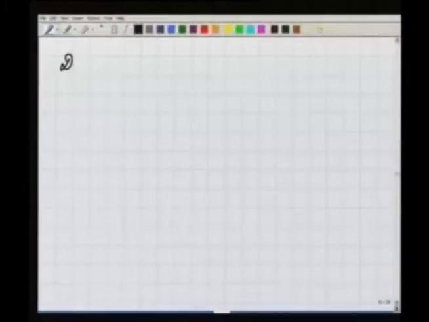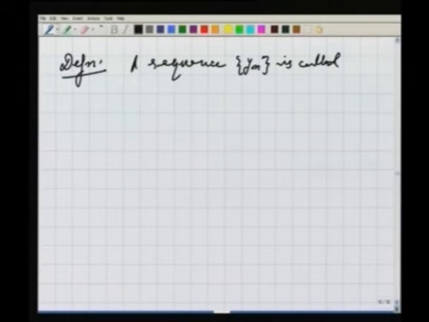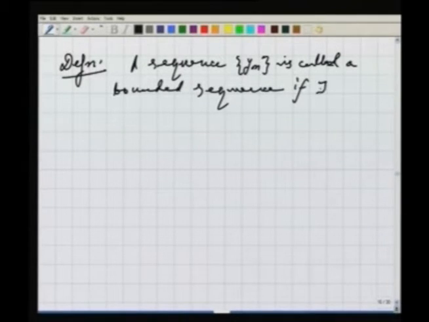First I define something. A sequence yn is called a bounded sequence if there exists a real number capital M such that mod of yn is less than or equal to M for all n.